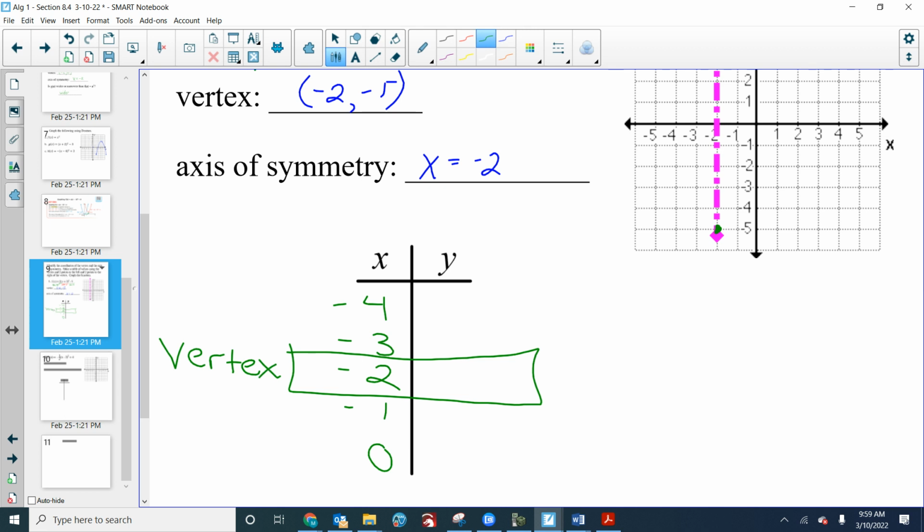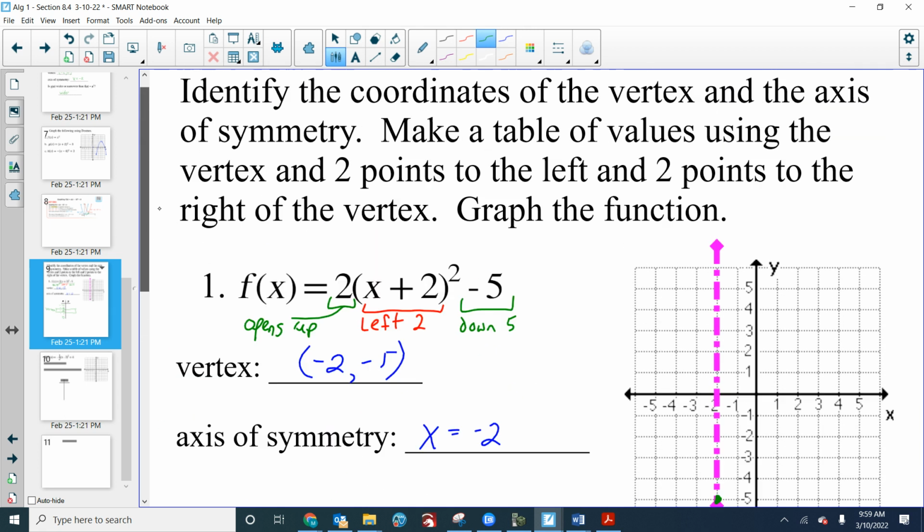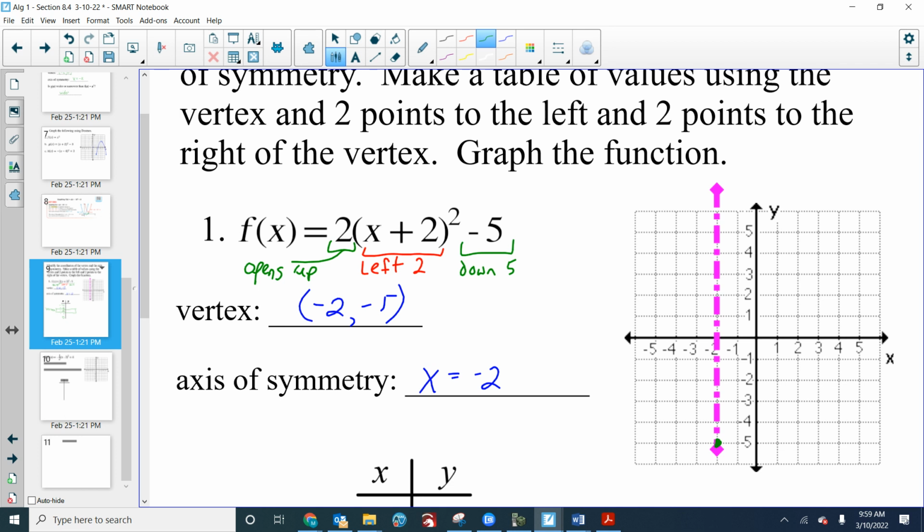Are you with me? Beautiful. All right, let's plug in -4. Careful. F of -4 is 2 times -4 plus 2 squared minus 5. Okay, let's do it. Order of operations, we have to do parentheses first. -4 plus 2.